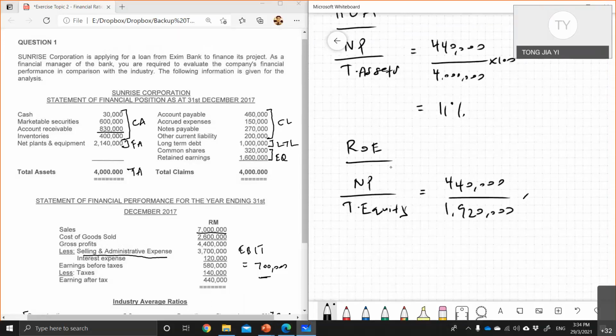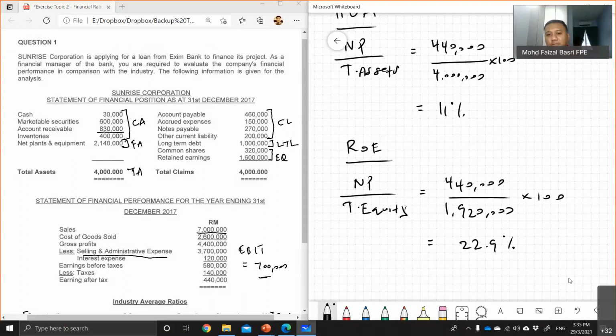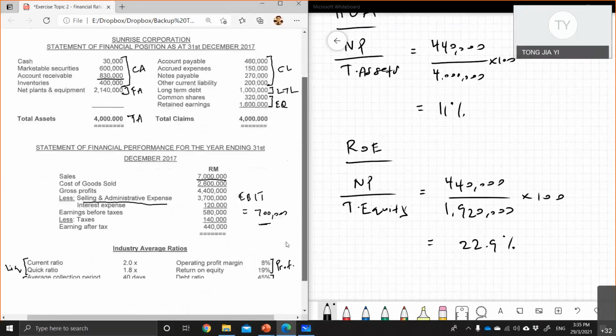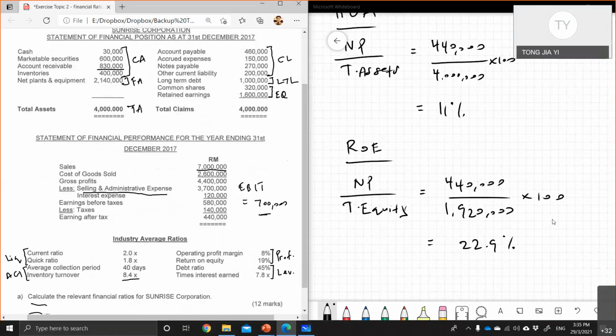Multiply by 100. So 440 divided by 1920 times 100 is about 22.9%, or 23%. For ROE, you can compare because the question asks us to compare on return on equity.